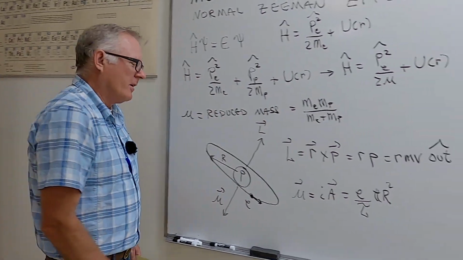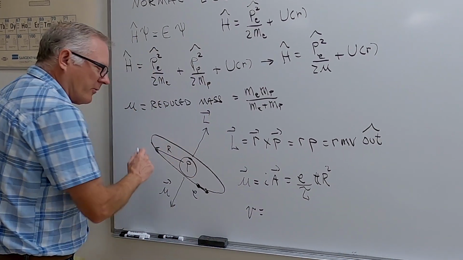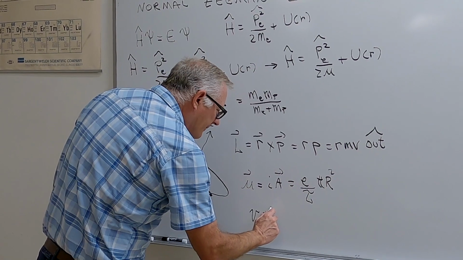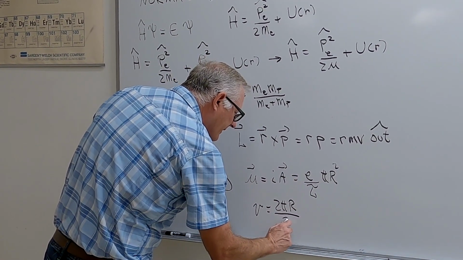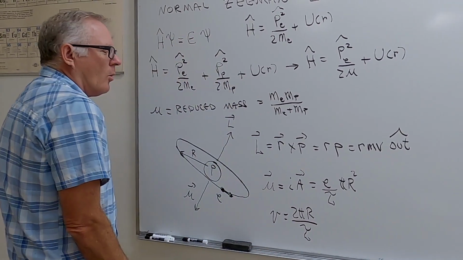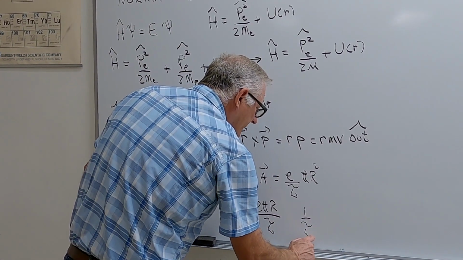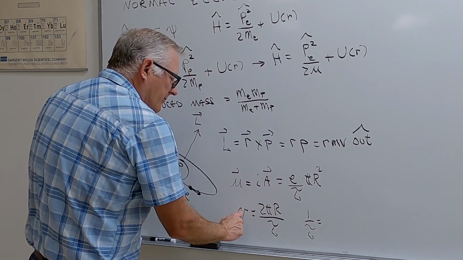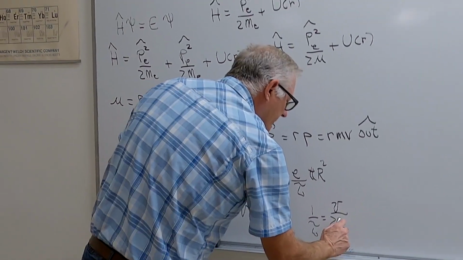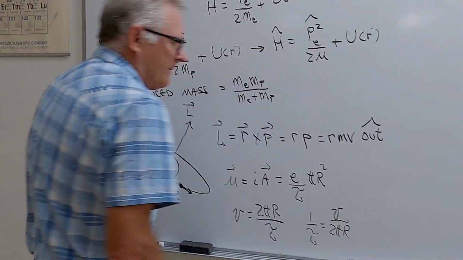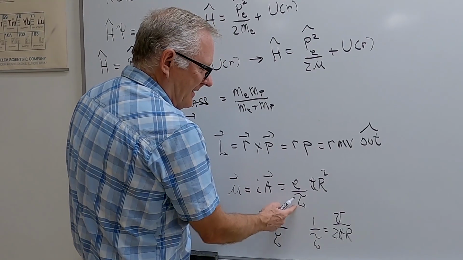We also know that the velocity going around is the distance over the time, 2 pi r all over the period, so 1 over the period is equal to velocity over 2 pi r.